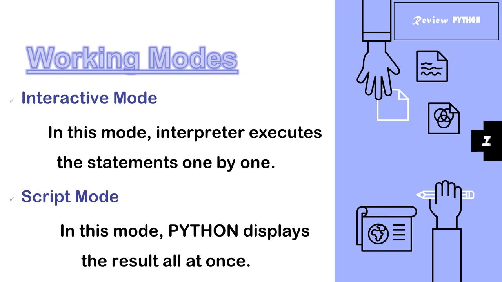But in the script mode, we type a complete program and it displays the result at the end once we run it. So if we have very small programs, then we can use the interactive mode because it will display the results one statement after the other. But if we have a bigger program, then we have to use the script mode.